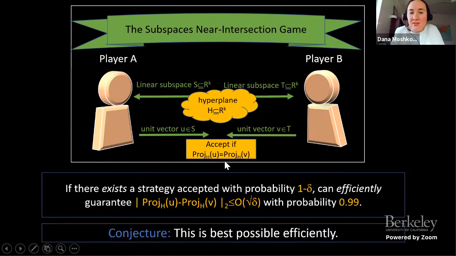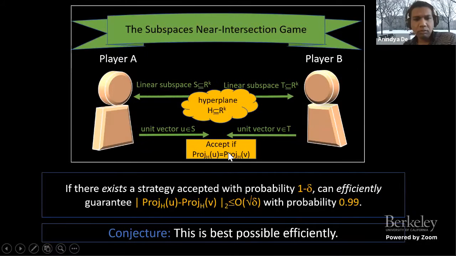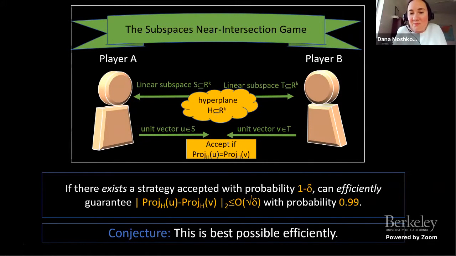If you picked K to be very large, this problem basically becomes unique games, because you expect a 1 over square root K difference between the projections.